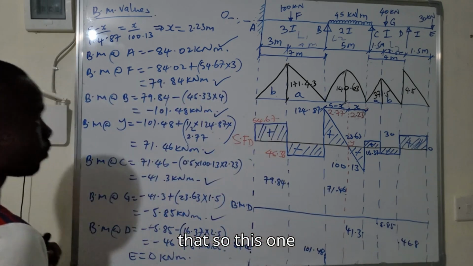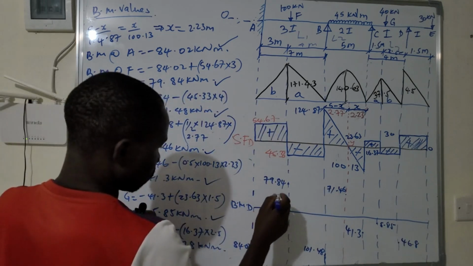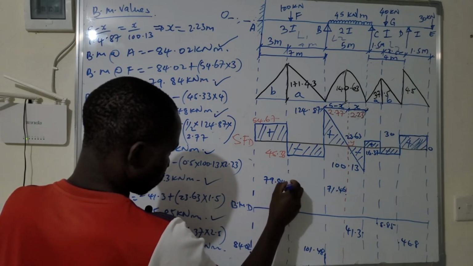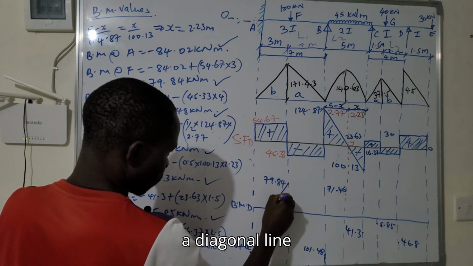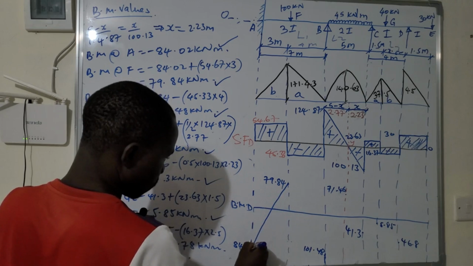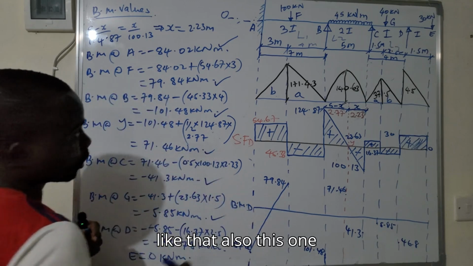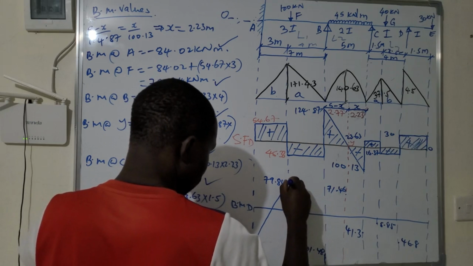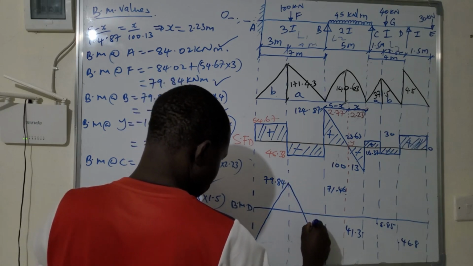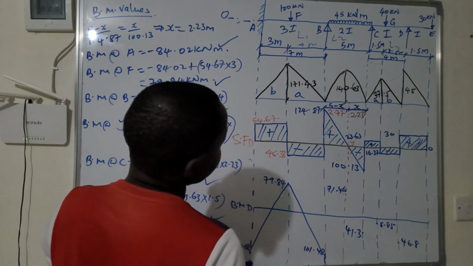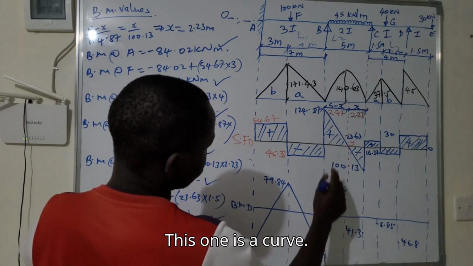Like that. So this one will be a diagonal line like that. Also this one. This one is a curve.